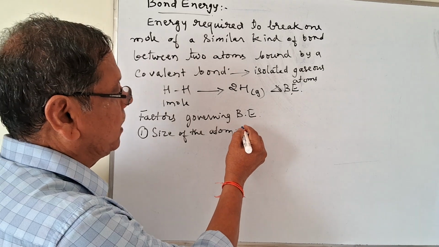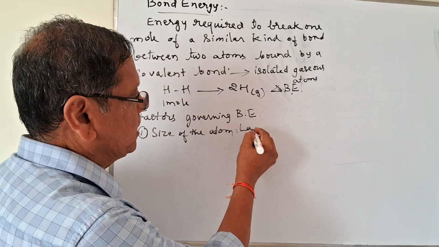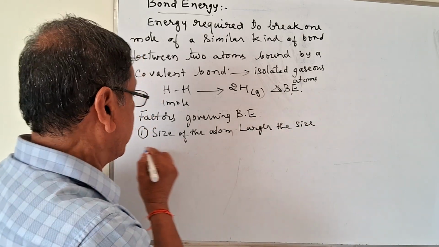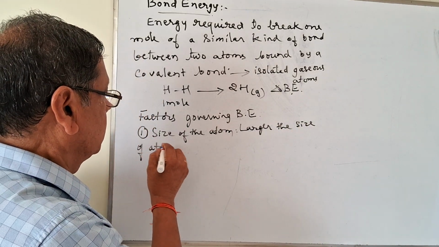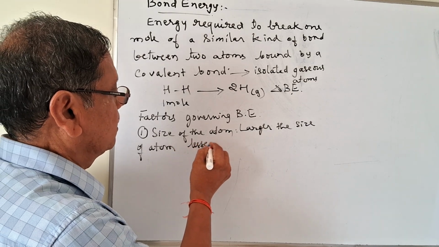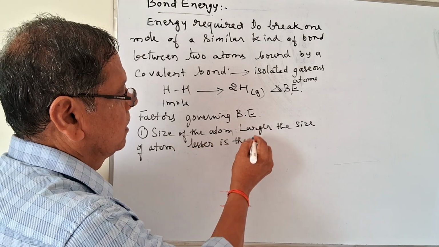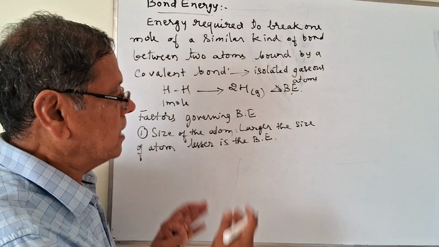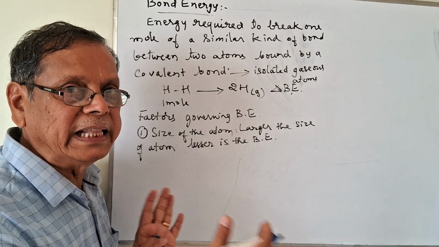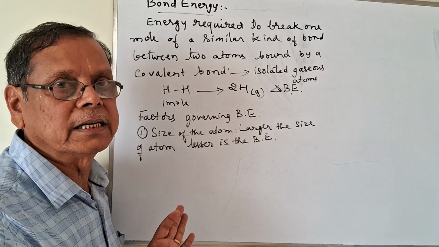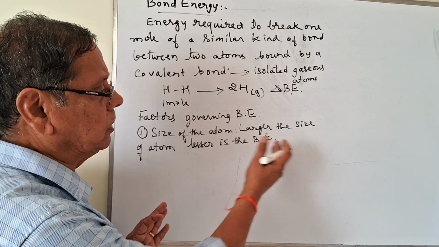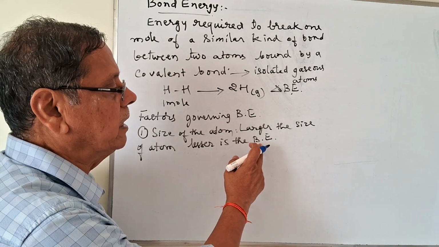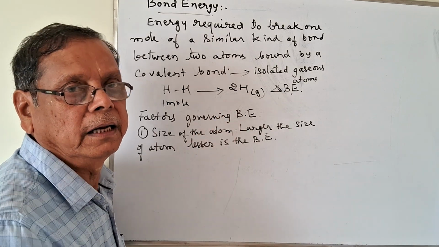The larger the size of the atom, the lesser is the bond energy or bond dissociation energy. As the size of the atom goes on increasing, the bond length increases. As the bond length increases, the distance between the nuclei of the two atoms increases, and hence energy required to break such a bond is lesser.